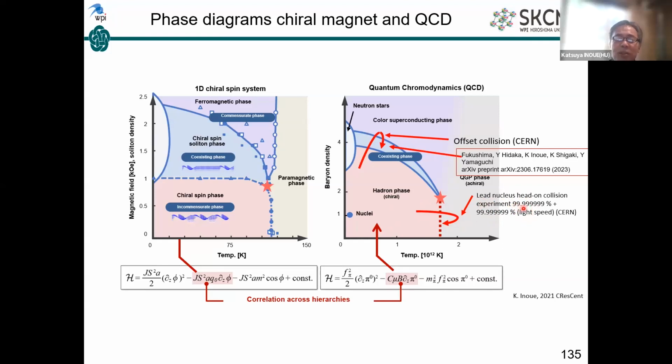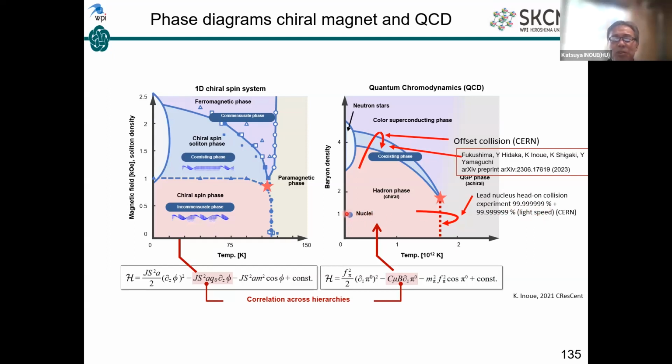There are two lead nuclei, and they make a collision at almost 99.99999% of the speed of light.